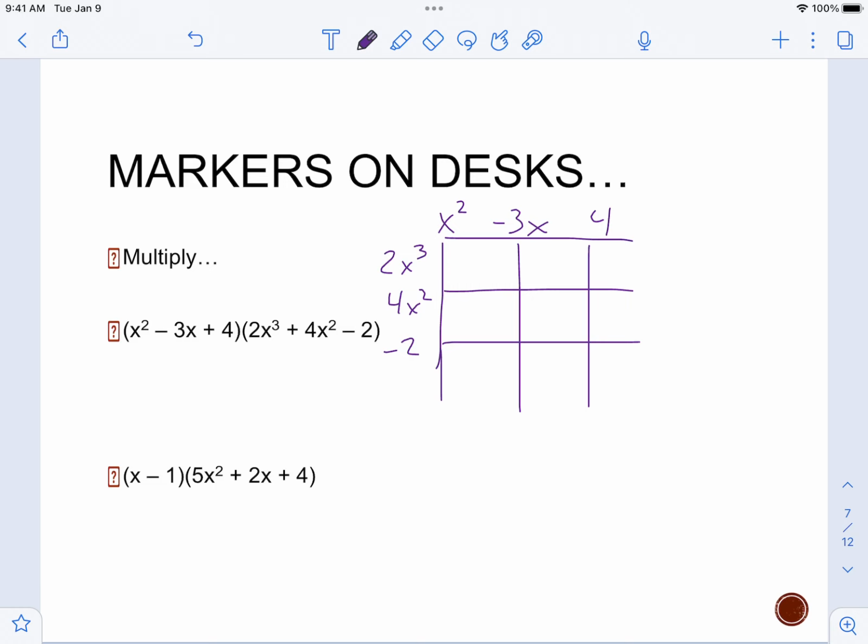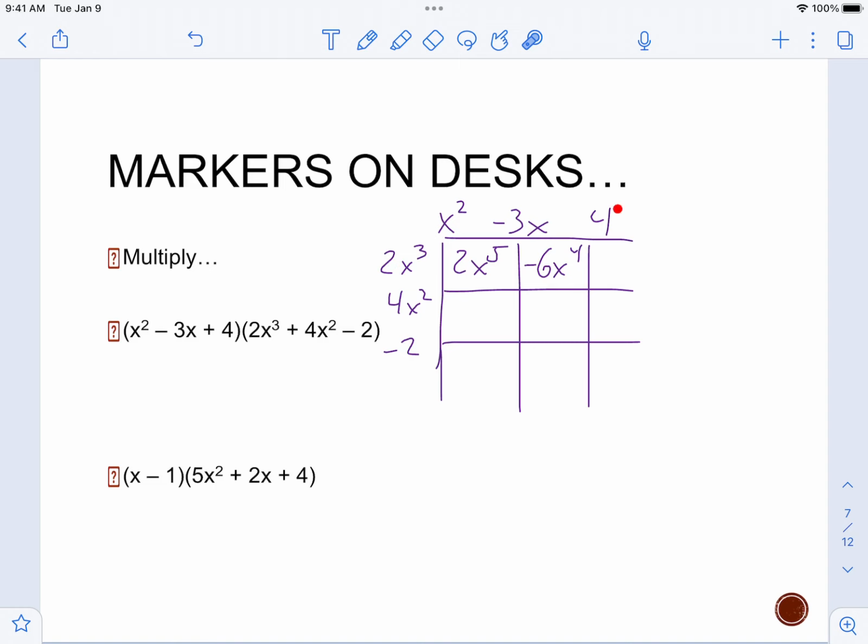All right, so the top one here, this is going to be 2x to the 5th. Remember that you are multiplying the row by the column. So the 2x cubed and the x squared make 2x to the 5th, and then the 2x cubed and the minus 3x squared multiply to make negative 6x to the fourth.